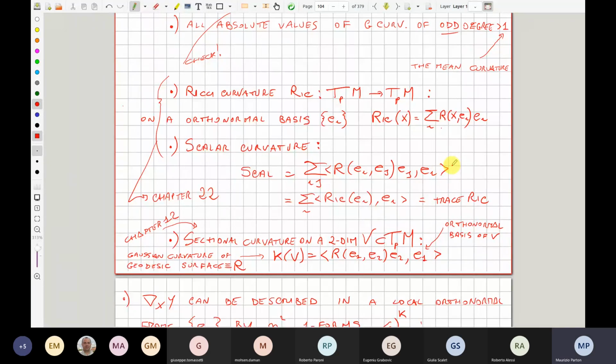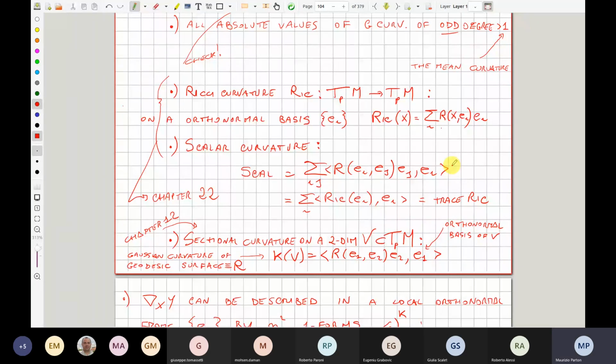So the scalar curvature is the best synthesis you can give of the curvature of a manifold. If you just want one number, then the number you're looking for is probably the scalar curvature. Okay, how much, in terms of one single number, is this manifold curved in an intrinsic meaning? Just compute the scalar curvature at that point.